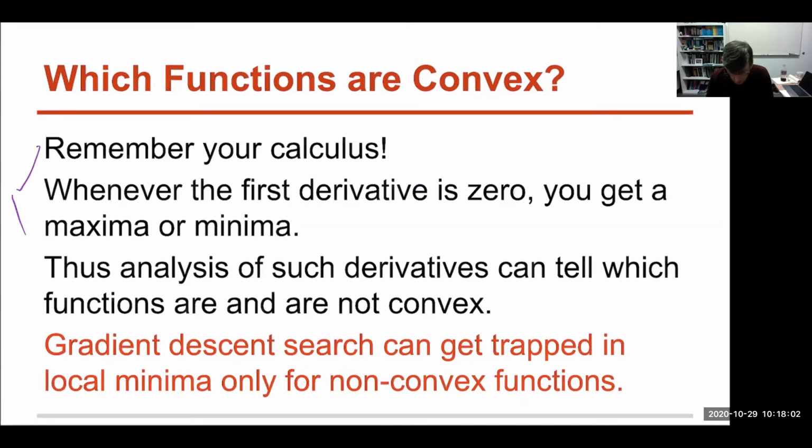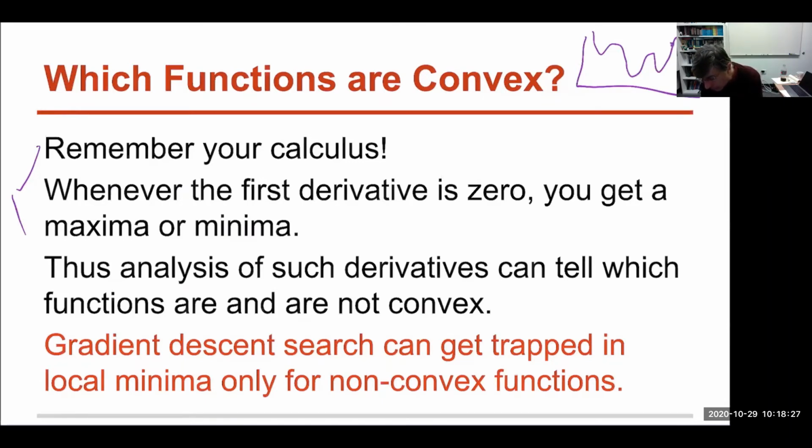If you run your gradient descent search on a convex function, you know you're going to find the optimal point. When the function is not convex, all is not necessarily lost.